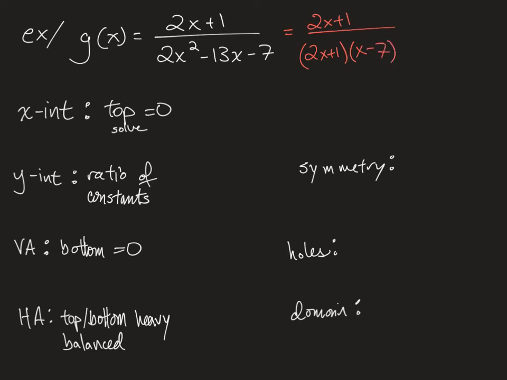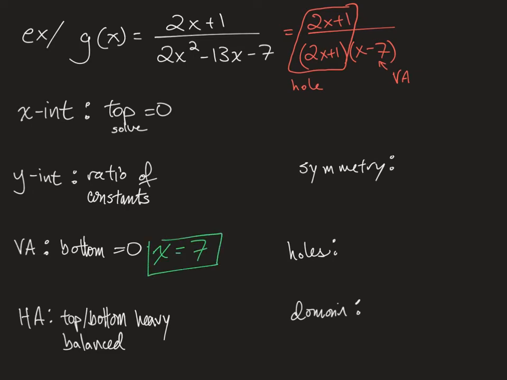You'll notice that these two factors can cancel. That tells you there will be a hole here. This x minus 7 does not cancel, so that will be a vertical asymptote. So we know already that the vertical asymptote will be x equals 7.